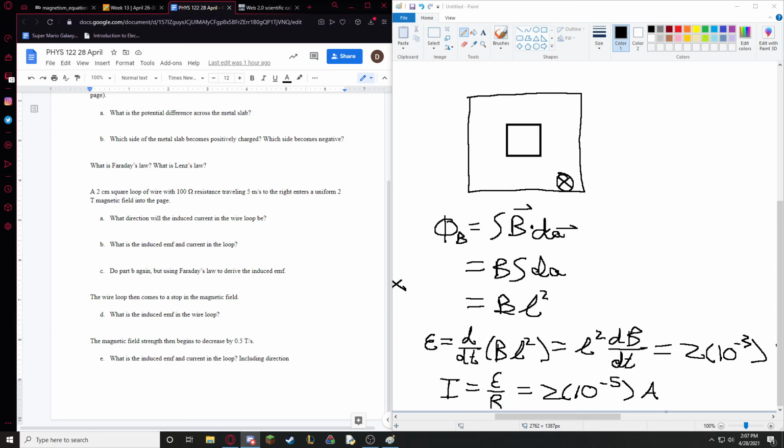It's above the ground, but it's traveling downward, so its change in height, or in this case its velocity, is negative. And in this case, our flux is into the page, and the magnitude of it is decreasing. So the change in flux is out of the page. Right? So what direction is our induced current going to be in?